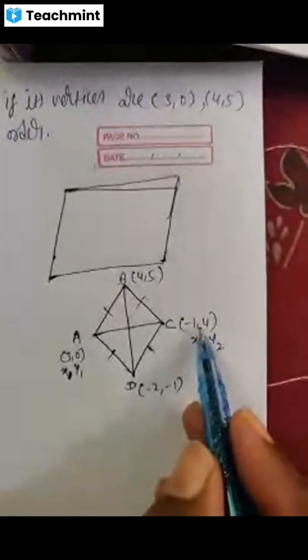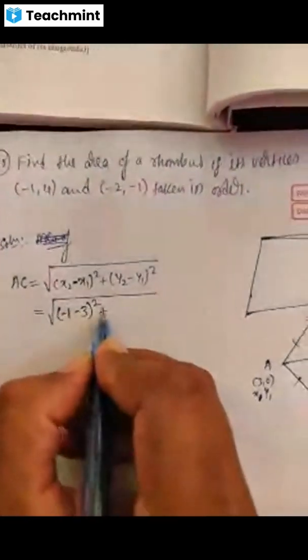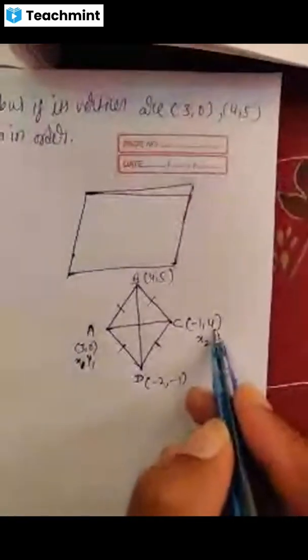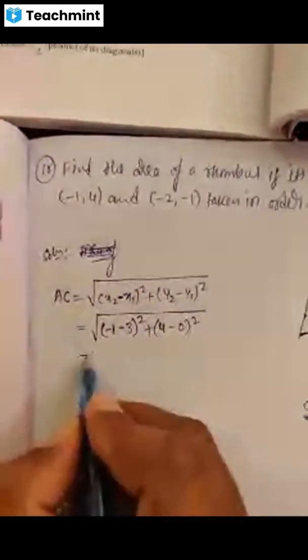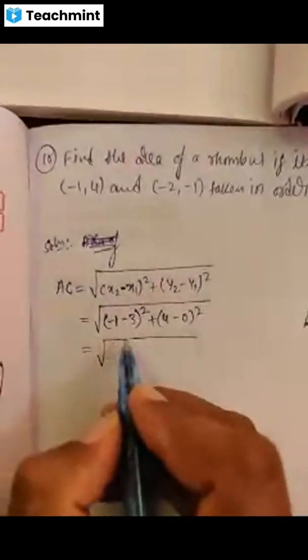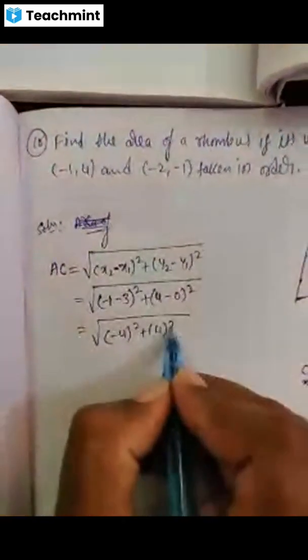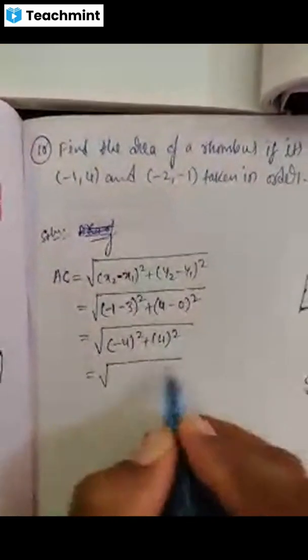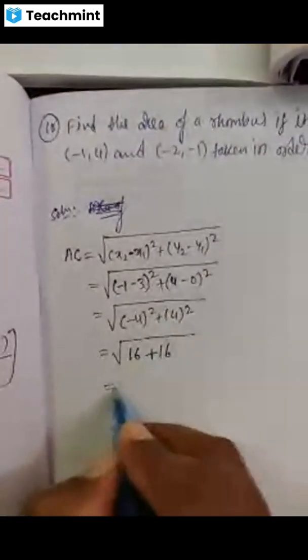What is x2 here? -1, and x1 is 3. So (-1 minus 3) whole square plus, what is y2? 4 minus 0, (4 minus 0) whole square. That is equal to square root of (-4) whole square plus 4 whole square, that is square root of 16 plus 16.